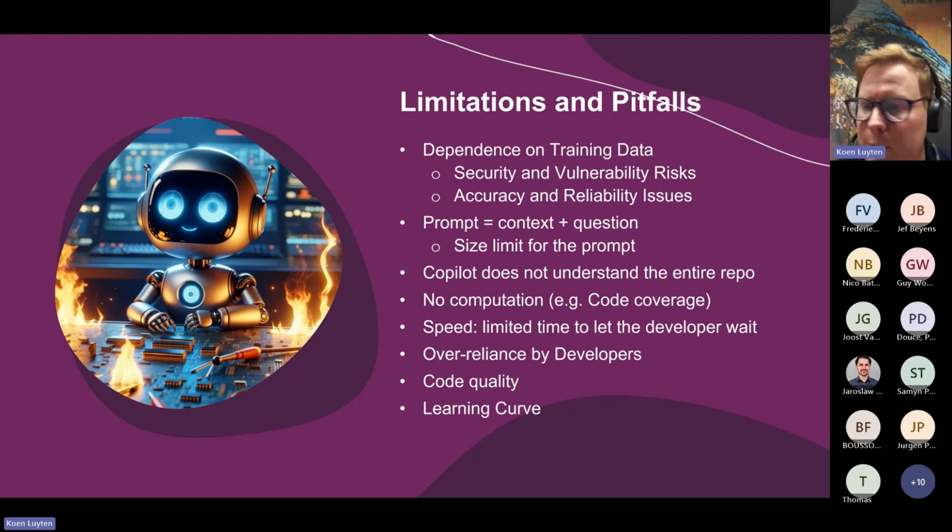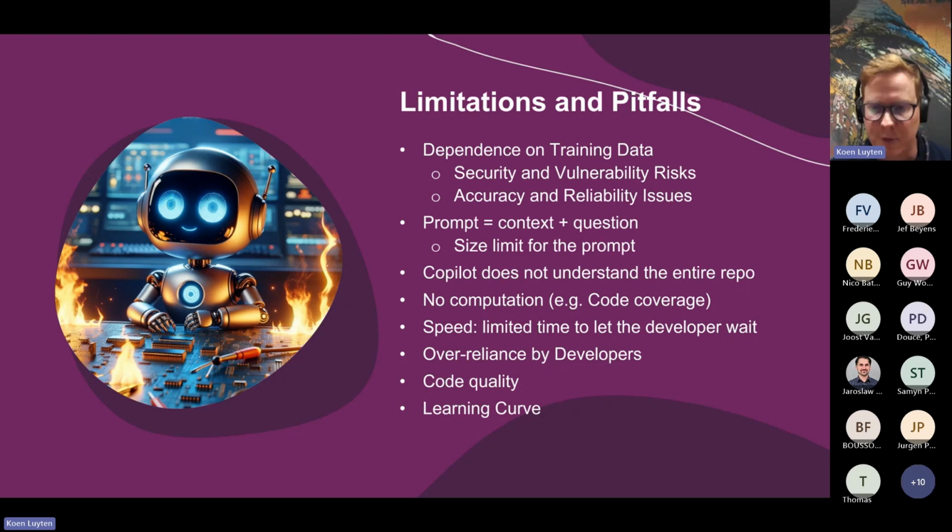GitHub Copilot is trained on publicly available repositories on GitHub itself. Not all of these repositories contain the best code. From a security and vulnerability point of view, GitHub filters out certain things, but there are always things that can pass these filters and cause security vulnerabilities inside of your code base when you generate something.